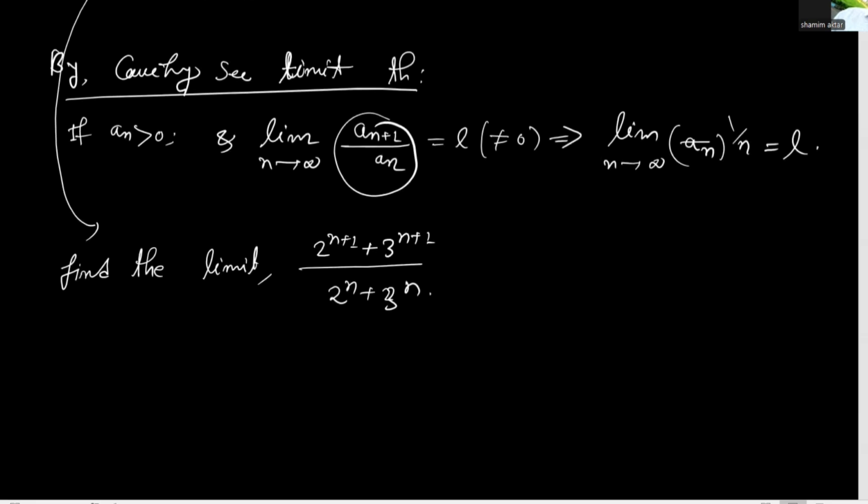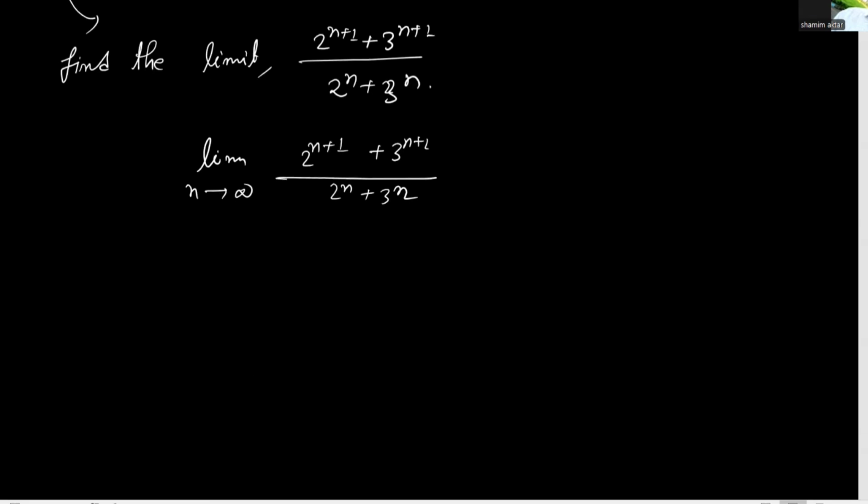Now find this limit: the limit as n tends to infinity of (2^(n+1) + 3^(n+1)) by (2^n + 3^n). That equals the limit of, taking 3^(n+1) common, (2/3)^(n+1) + 1, and taking 3^n common in the denominator, (2/3)^n + 1, multiplied by 3.